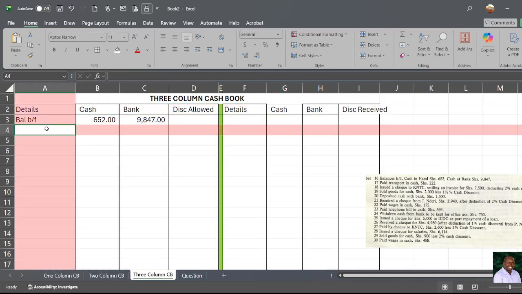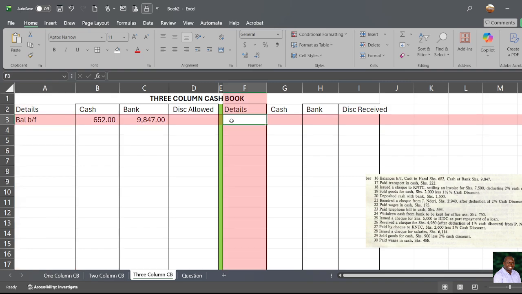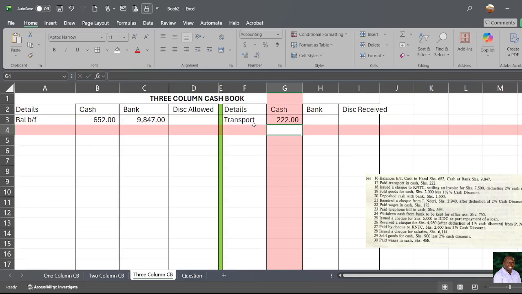Then we are told on the 17th they paid transport in cash. They paid transport, and this was paid in cash. The figure is 222. The following day they issued a check to KNTC settling some invoice. So they paid KNTC, and they settled an invoice for 7,500, and then they deducted some cash discount.